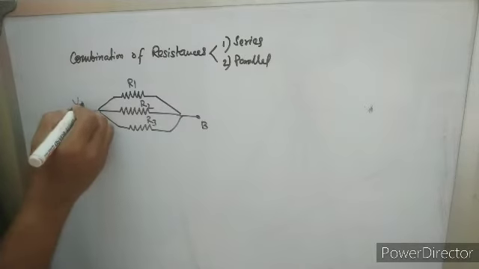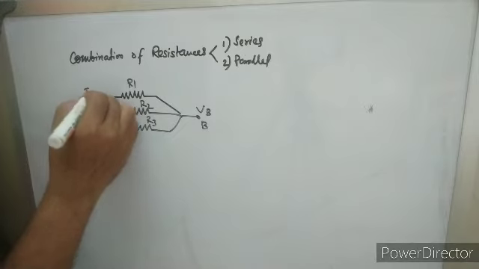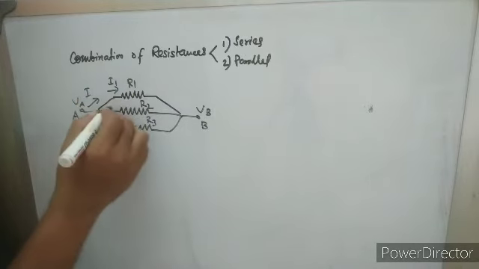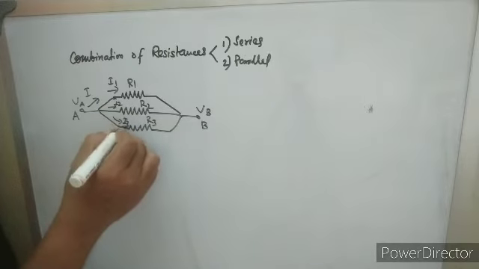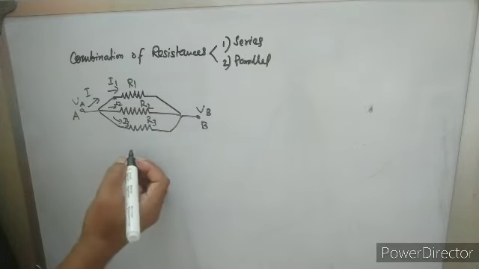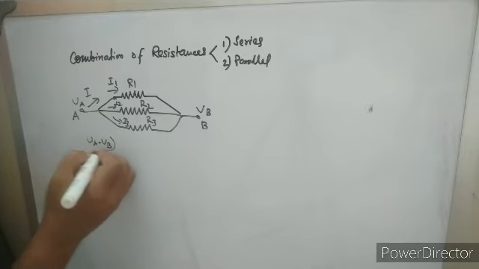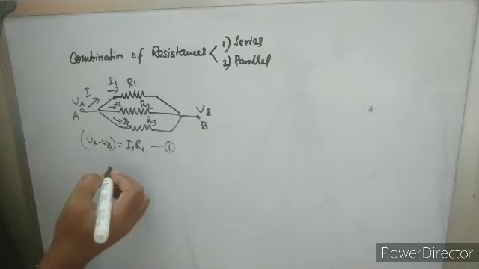Now the potentials are VA and VB. The current is I. A part of that current, I1, is passing through resistance R1, I2 is passing through resistance R2, and I3 is passing through resistance R3. Now, VA minus VB equals I1 R1, this is equation one.